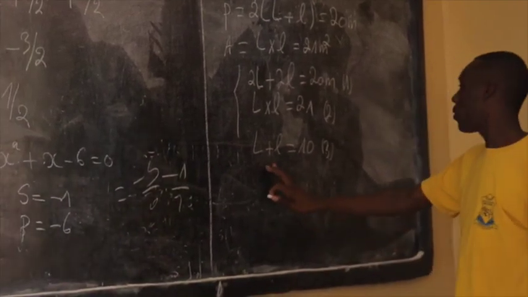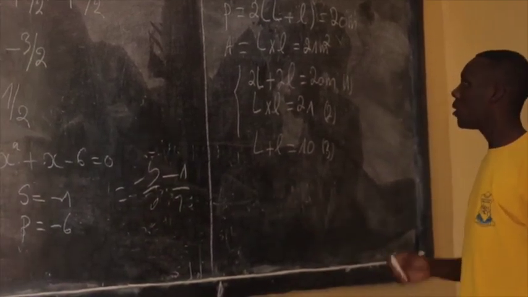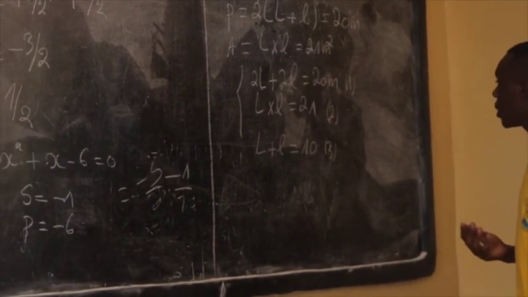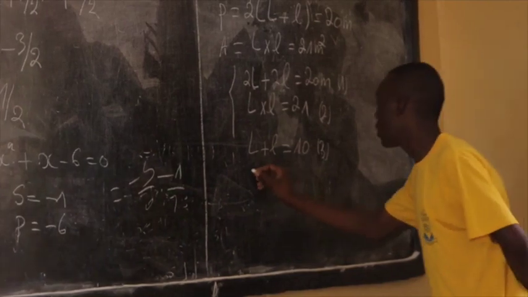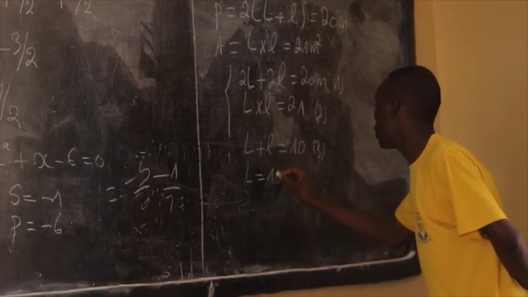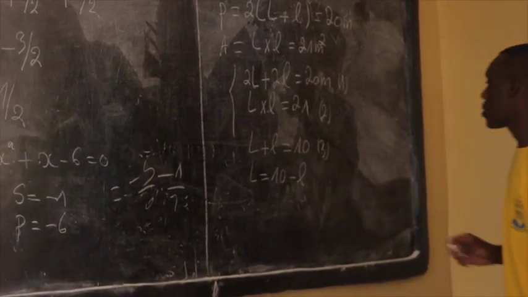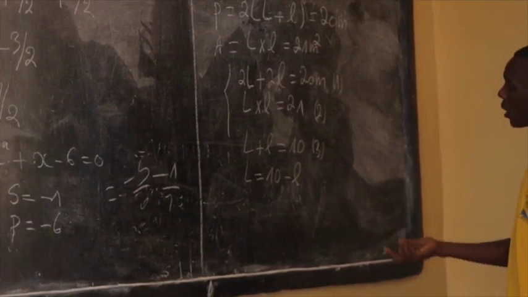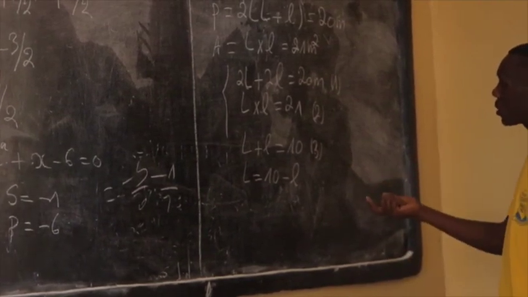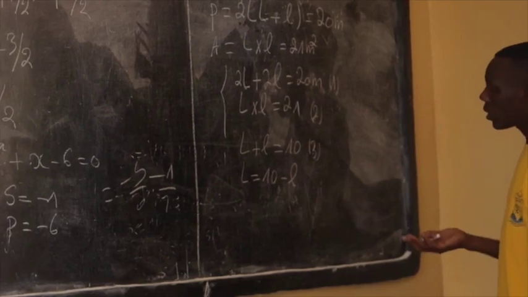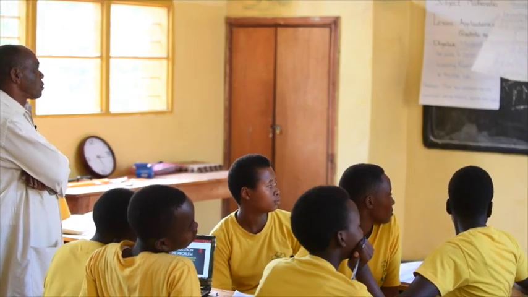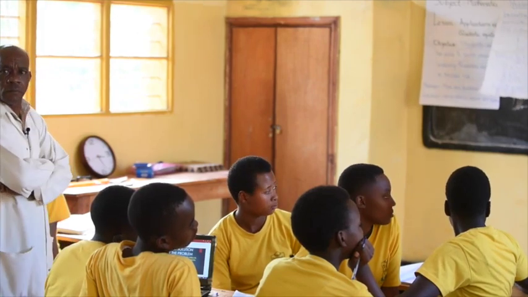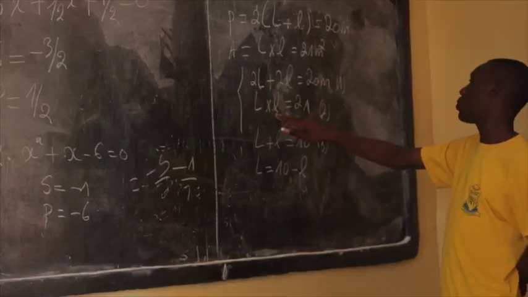As we know, the length of the rectangle is greater than the width, so width equals 10 minus length. Now we can transform those equations into a quadratic equation by substituting this into equation 2.